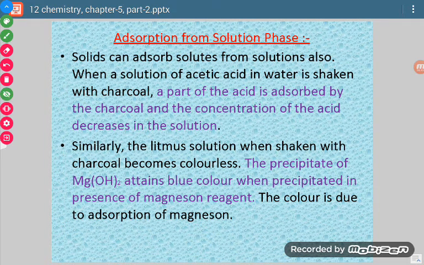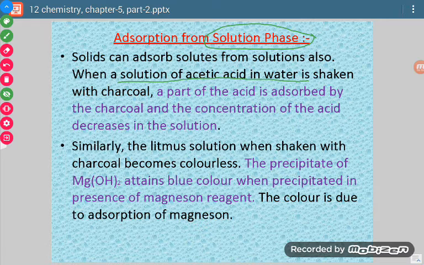Now let us see whether adsorption occurs in solutions also. The answer is that we can see adsorption in the case of solutions also. Let us understand how. Suppose we have taken a solution of acetic acid, made in water, so acetic acid is the solute and water is the solvent.